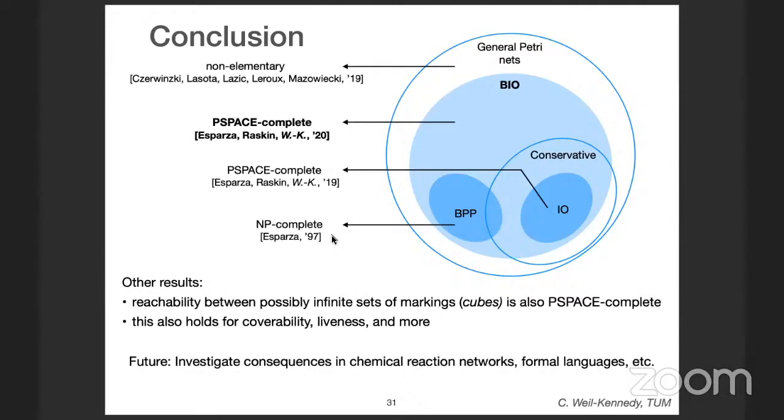So I think Wojtek, you had a question too? Yeah, so I really like the class. And when you talked about the BPP, I recalled that some years ago I was working on bisimilarity on BPP, and there are known results: bisimilarity checking is PSPACE-complete, and for general Petri nets it's undecidable.